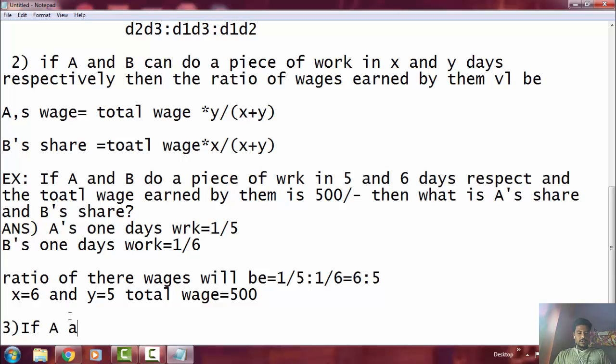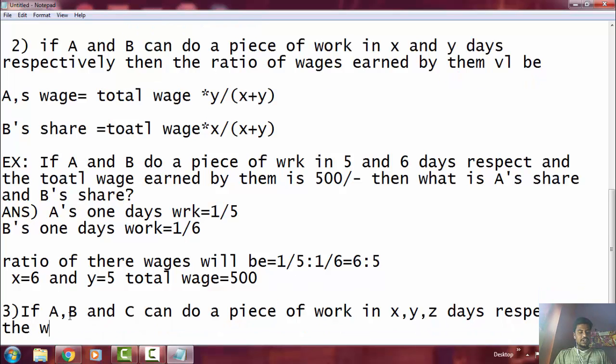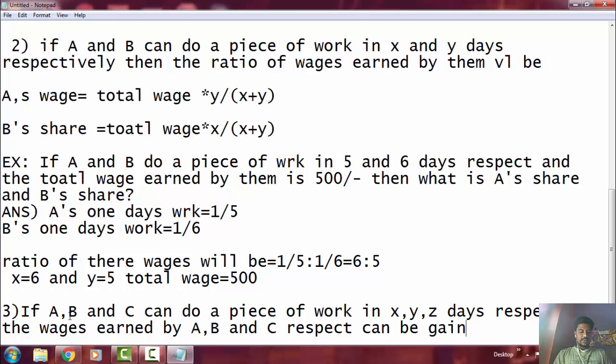If A, B and C can do a piece of work in x, y, z days respectively, then the wages earned by A, B and C respectively can be gained as follows.